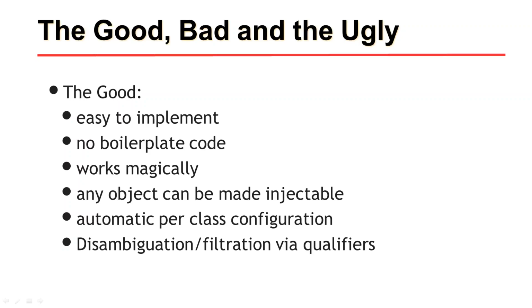You don't have to be concerned with the construction of the objects. They are constructed by the container and they are made injectable. And you get automatic per class configuration. Each object can have its own specific configurations. And we can use qualifiers to disambiguate or filter the injection of our objects.